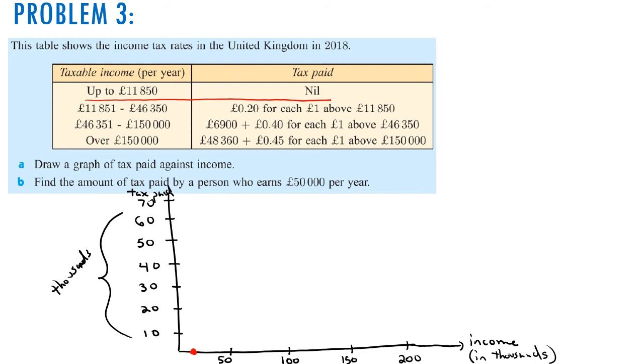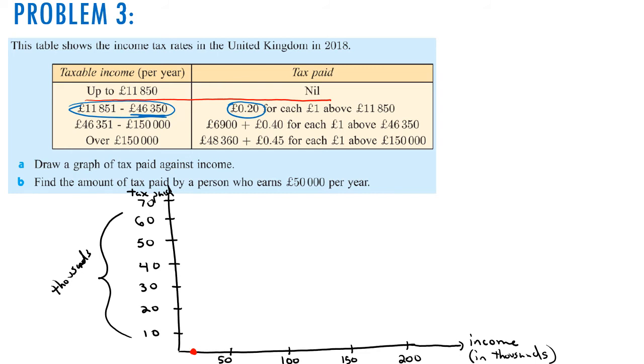The calculation behind it is, since we're looking at everything past this coordinate to 46,350 pounds, that's our new X value. Now our Y value is taking the difference between these two and timesing it by 0.2. The 20 cents for each pound is essentially what you're doing.